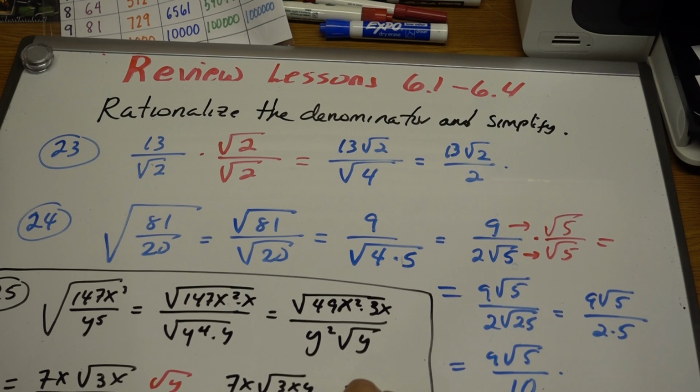So it's 7x the square root of 3xy over y to the third power. This is y squared times y, which is y to the third power. So 7x square root of 3xy over y cubed, and that's the answer for number 25.